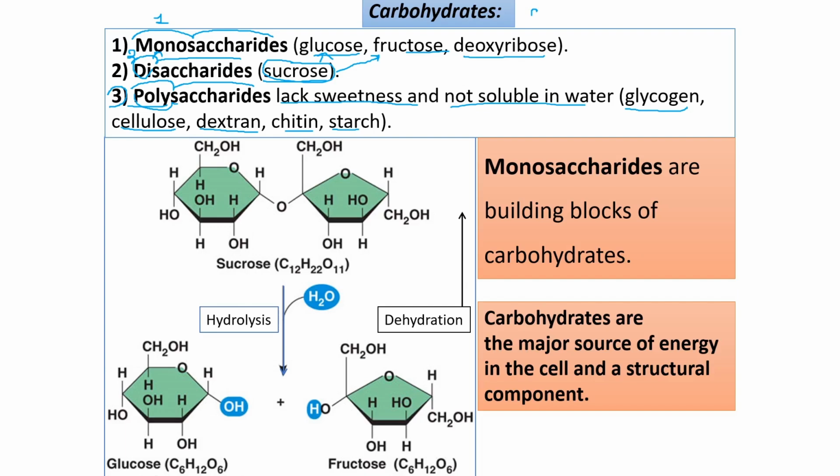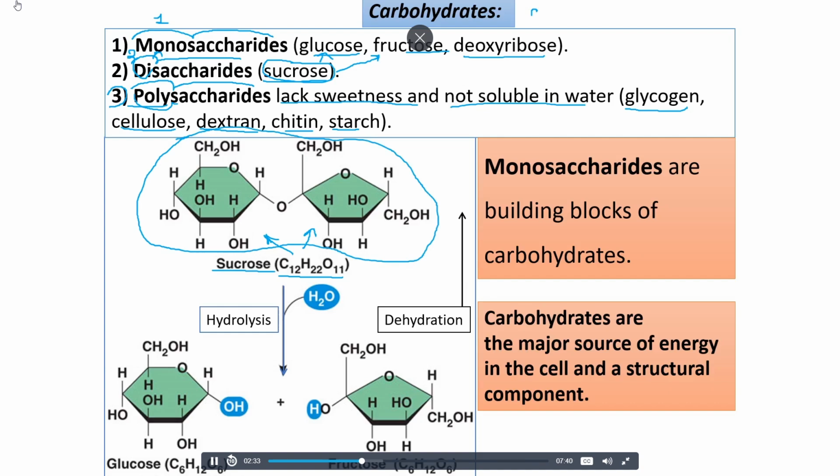Next, here we show 2 types of reaction. So again, when we're talking about sucrose, this is a chemical molecule, and this is how we can represent this sucrose molecule. This is all sucrose.